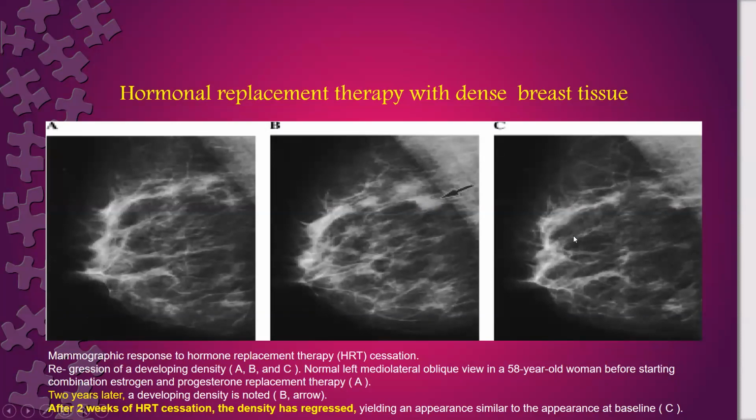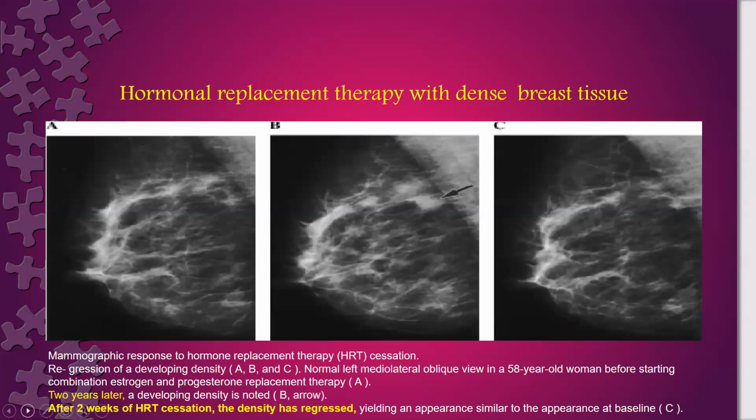And this is only 2 weeks after cessation of hormonal replacement therapy. Can you see the asymmetry, how it regresses? So definitely this asymmetry is not a malignancy, and it is just due to hormonal replacement therapy.